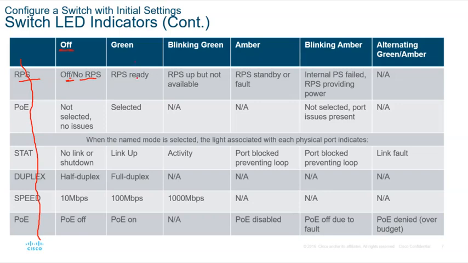If it's green, it's ready. If it's blinking green, it's up but not available. If it's amber, it's on standby or faulty. If it's blinking amber, there is amber and then blinking, like an indicator. But when it comes to amber, it's a steady amber, a steady light. Then alternating green or amber, meaning that you have to be keen enough.